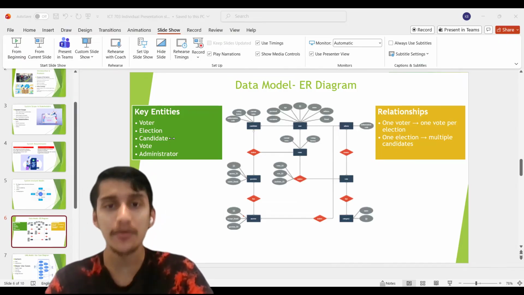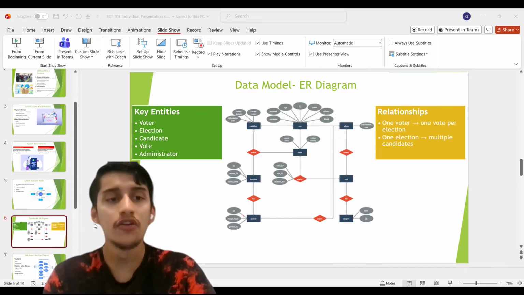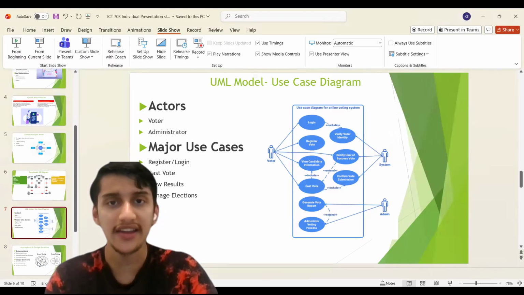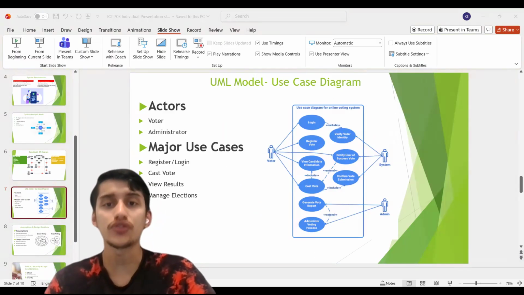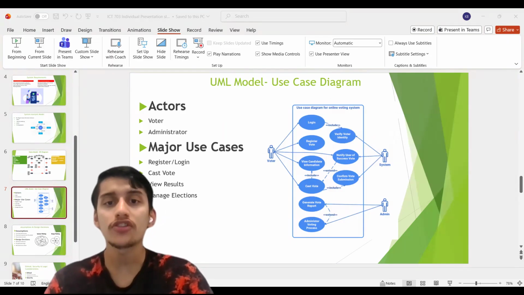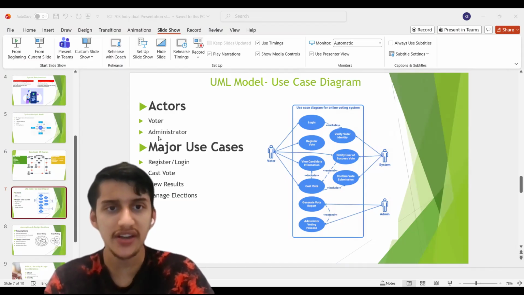After designing the data model, I then focused on how users actually interact with the system via the UML use case diagram. Here, the use case diagram shows the system from a user's perspective. The two main actors are the voter and the administrator.